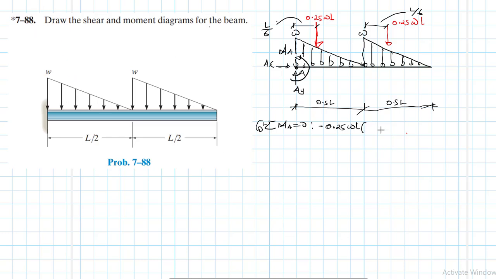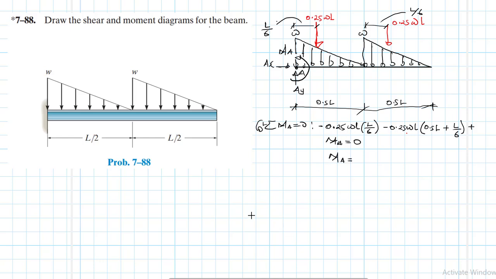So that I don't lose my number so much, I keep it as L over 6. Then we have the other one also, minus 0.25WL times 0.5L plus L over 6, and finally plus MA equal to 0.